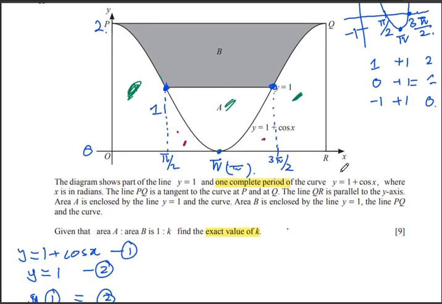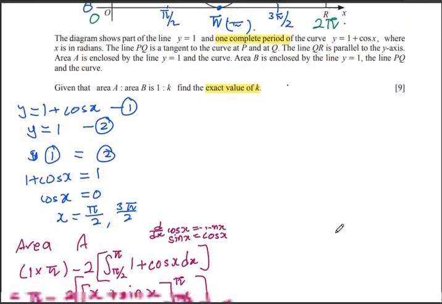The total area is, so this is 2 pi. This is 0. So this is 2 pi. So I can take 2 times 2 pi and then integrate these 2 pi and then minus A. So yeah, let's do it now.